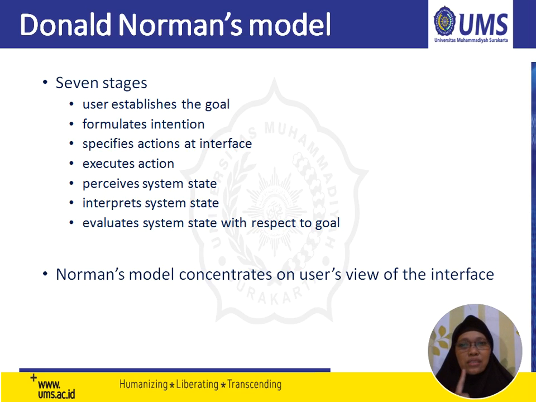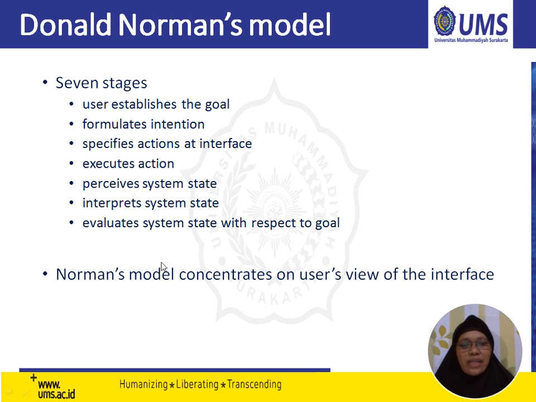As I said, we have two models of the interaction. The first one is the Donald Norman model, which has seven stages. Maybe you can learn deeply: for the user, formulate, specify, execute, perceive, interpret, and evaluate the system.